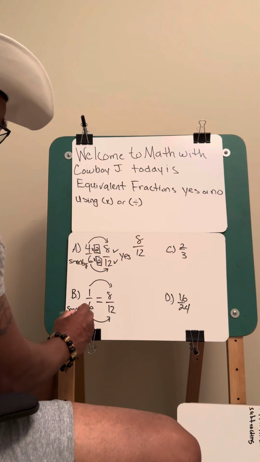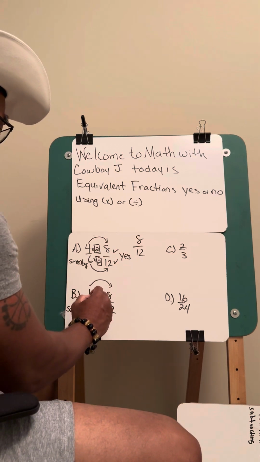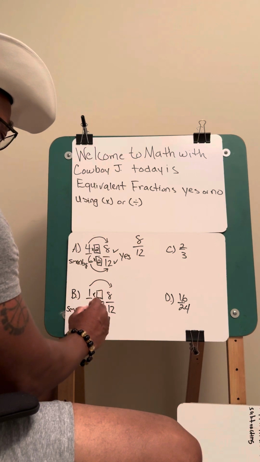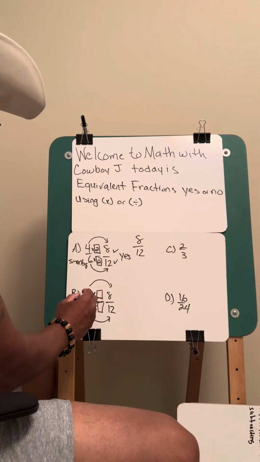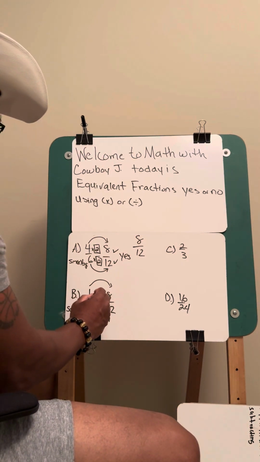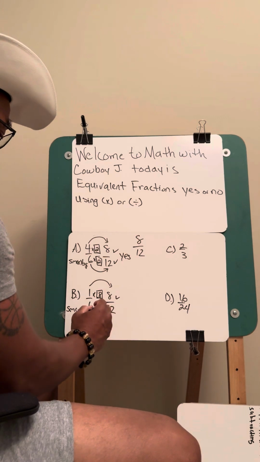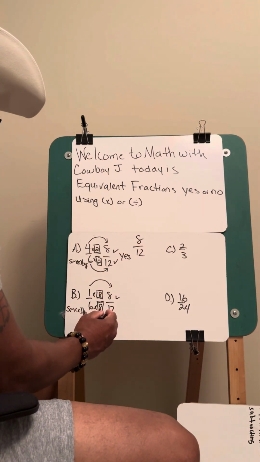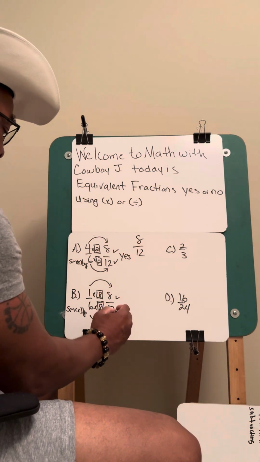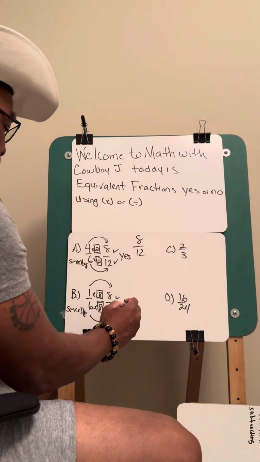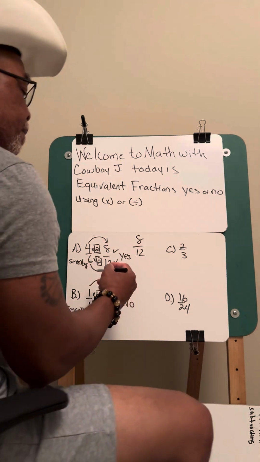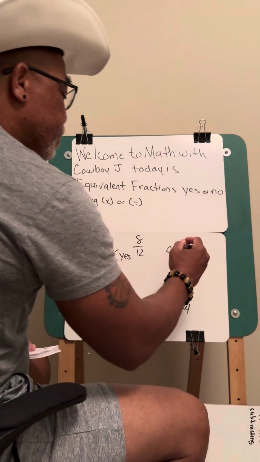Small to big. 1 times 8 is 8. 6 times 8 is 48. It's not 12. So this would be a no. That is correct.